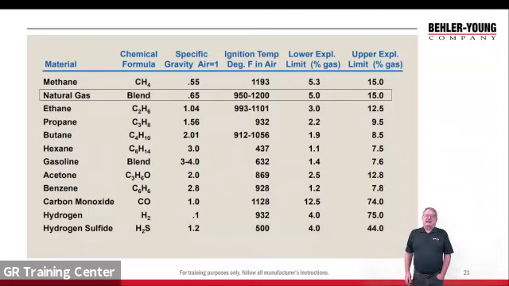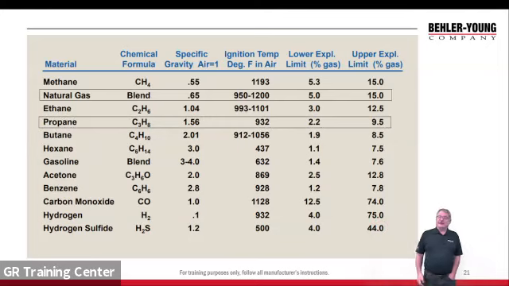If I look at natural gas there, this column over here, second from the right, it says lower explosive limit of gas in percentage. So natural gas is 5%. We already talked about that. So less than that, it can't burn. The upper explosive limit is 15%. Above that, it can't burn. So the sweet spot is between 5% and 15%. Doesn't mean it's going to burn good. It just means it's going to burn.